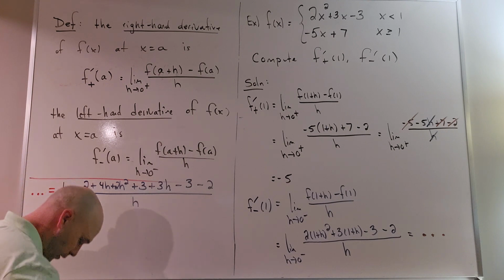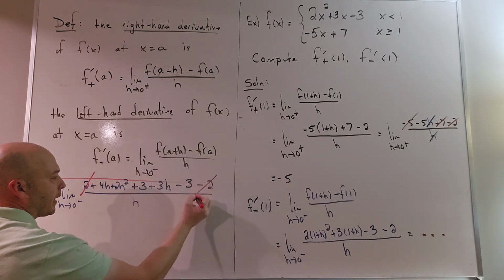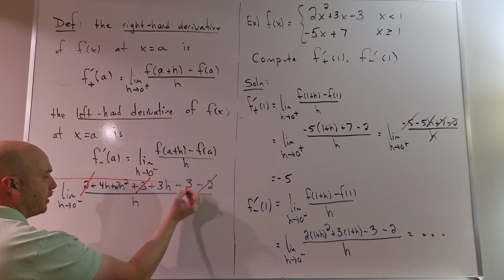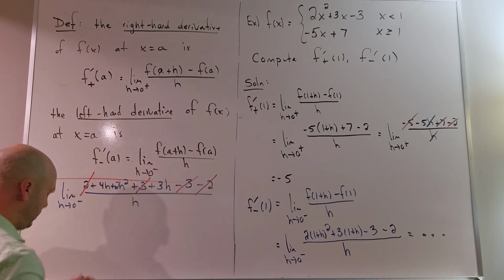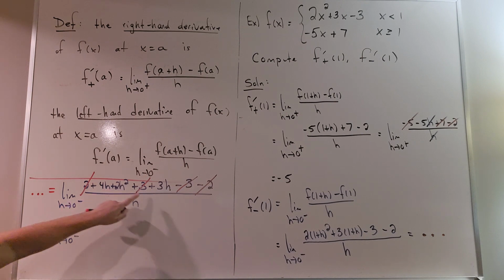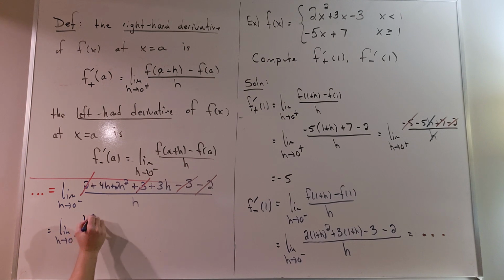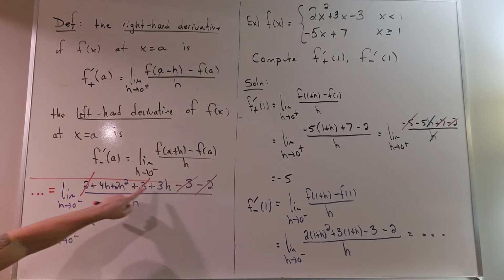So let's see what cancels. Positive 2 minus 2, positive 3 minus 3. Let's rewrite what we have just to clean it up. Limit h goes to 0 from the left. All three terms that remain have an h. So if I factor h out, I would get h. And then I had 4 of them here, 3 of them here.